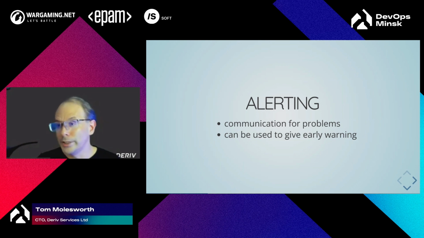So we've come up with a few rules. We don't have a standard template, but we do have rules where any alert has to include what broke, who does it affect, who can fix it, and that helps. It hasn't solved the problem completely. So we do get our fair share of alerting problems over time.